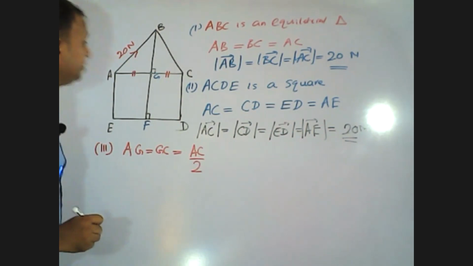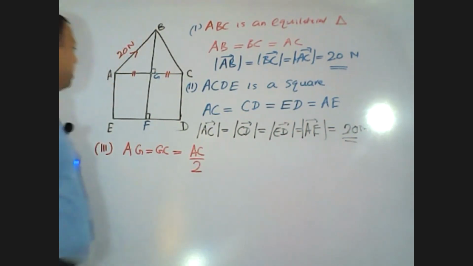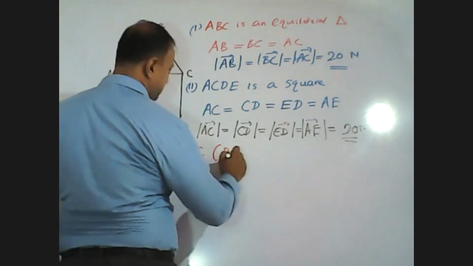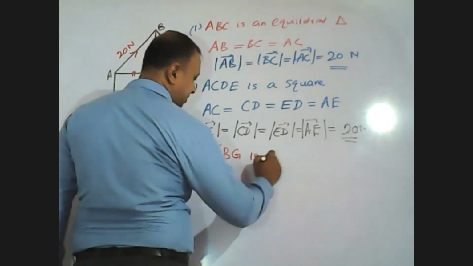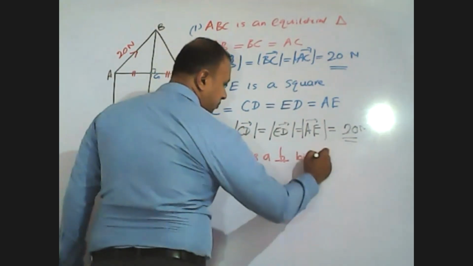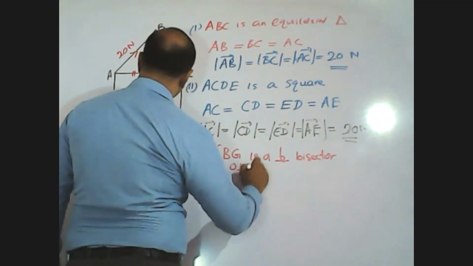Because BG is a perpendicular bisector of AC.